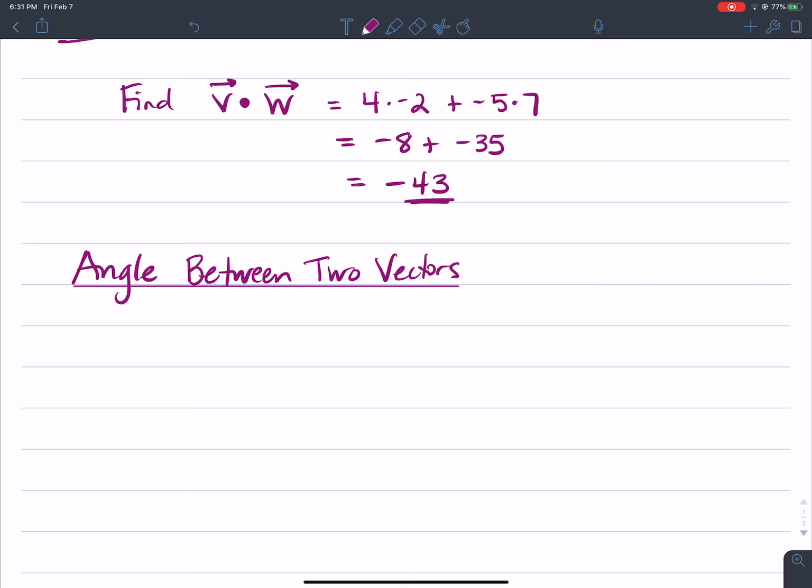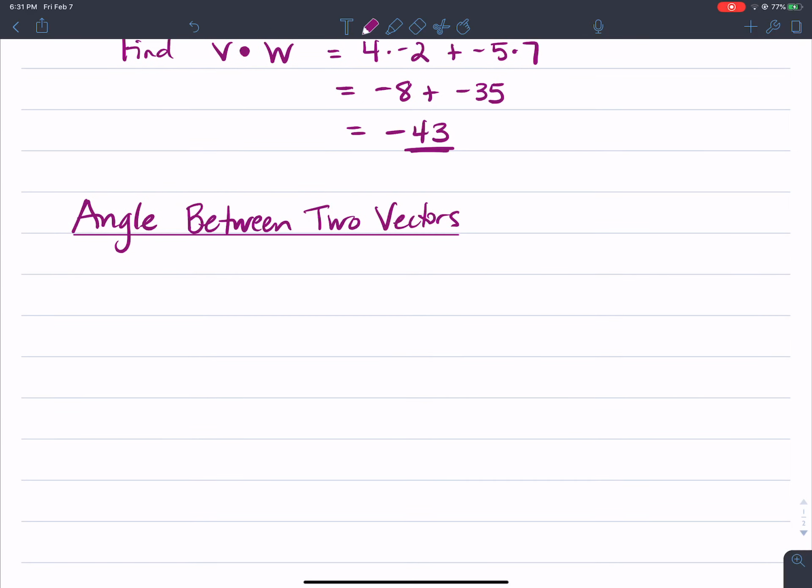To find the angle between two vectors, you would use the formula that the cosine of theta, where theta is the angle between two vectors, is found by doing the dot product between the two vectors divided by the magnitude of the first vector times the magnitude of the second vector.